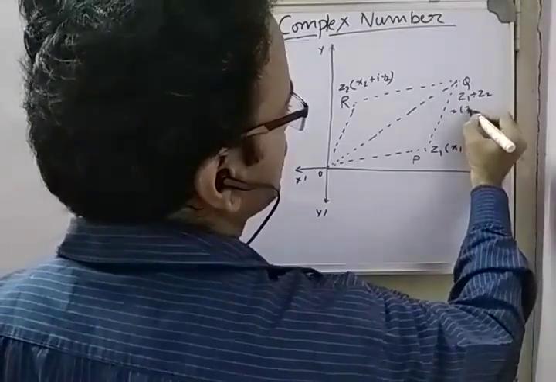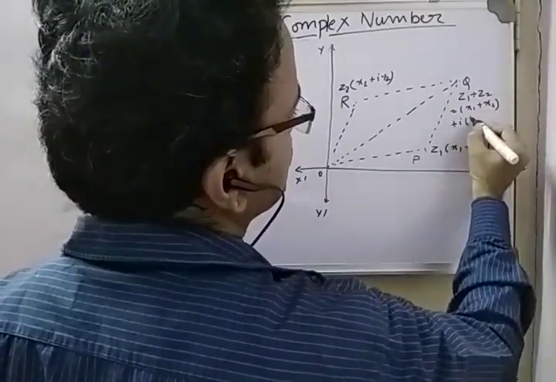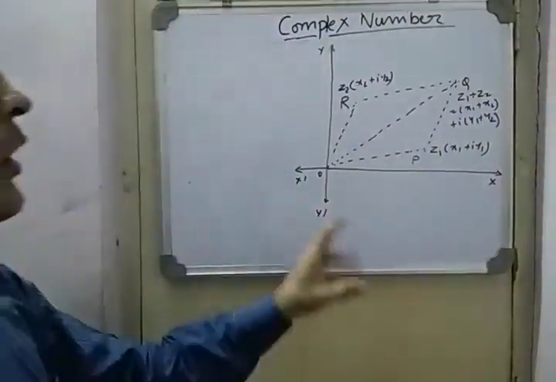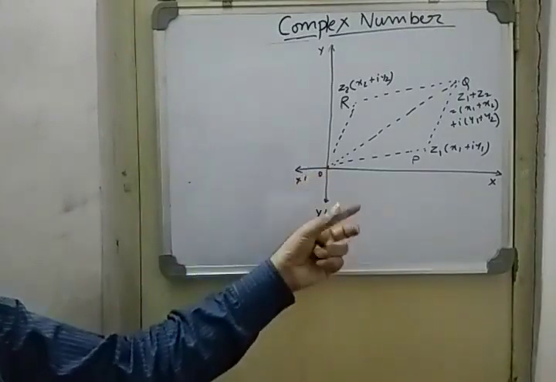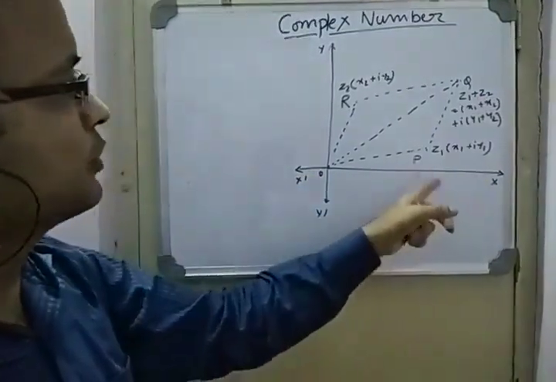That means x1 plus x2 plus i into y1 plus y2. So we have seen how we reach z1 plus z2 from these two.